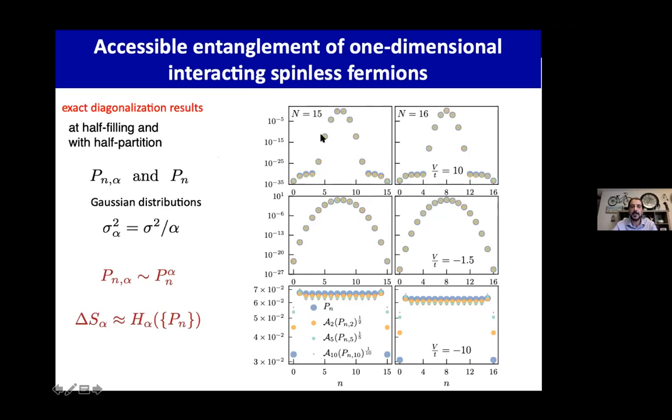In addition, this is a very narrow distribution if we compare these 2 cases. So that's the behavior of accessible entanglement, or at least the difference in reduction that's happening in the Tomonaga-Luttinger liquid.